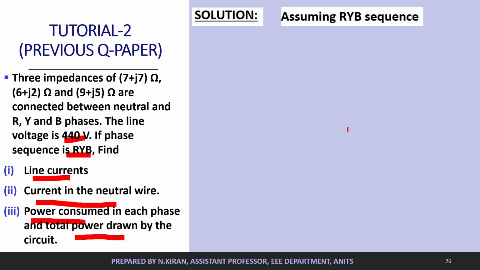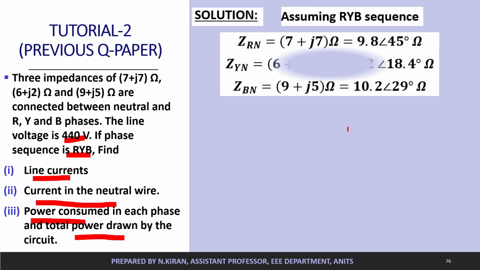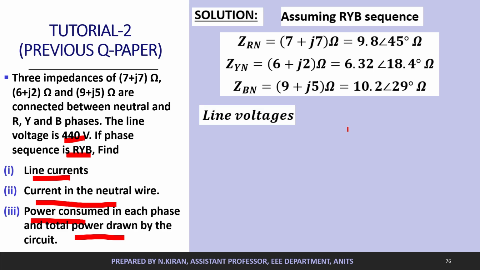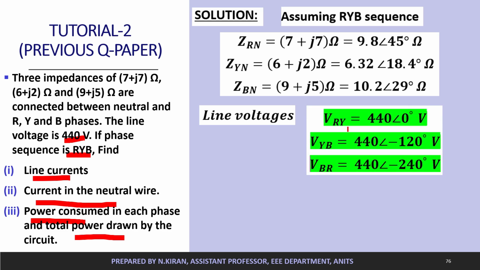Assuming the RYB phase sequence, phase impedances are given, converting them into polar form. Line voltage magnitude is given as 440 and each line voltage is displaced by 120 degrees from each other.